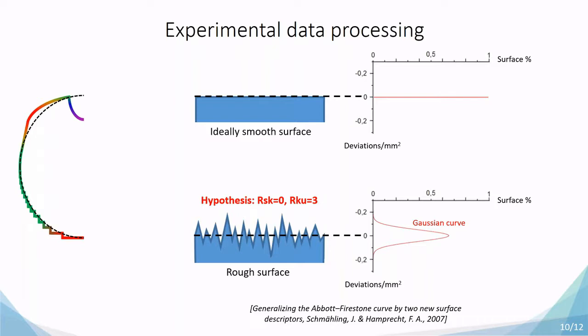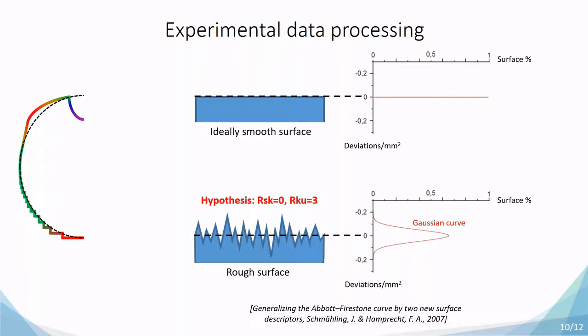If we have a general rough surface, and if we consider the skewness to be 0 and kurtosis to be 3, we can then assume that the deviation scatter follows a Gaussian behavior.